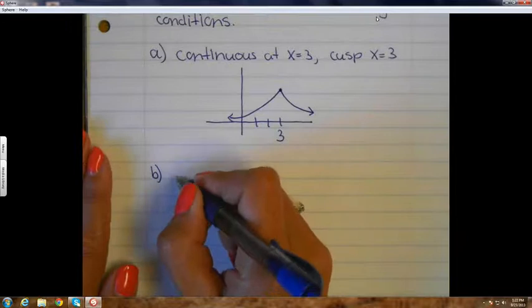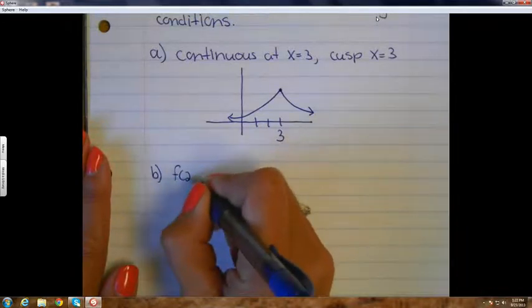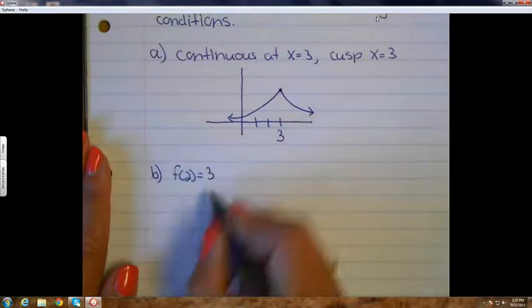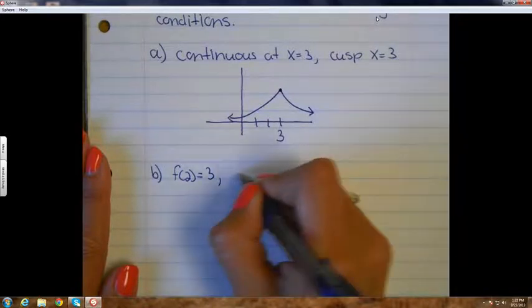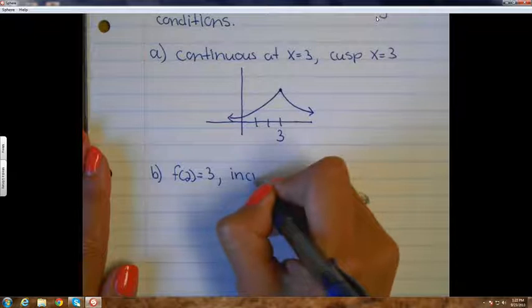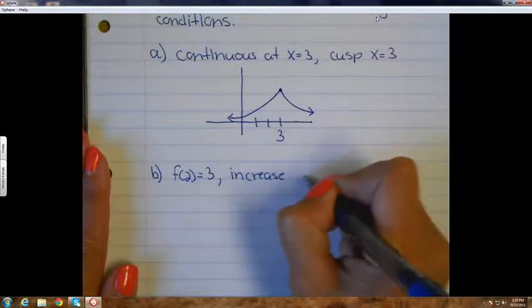I want f of 2 to equal 3. That's giving you an ordered pair. There's going to be a point there, (2, 3). It's going to increase slowly at 2.